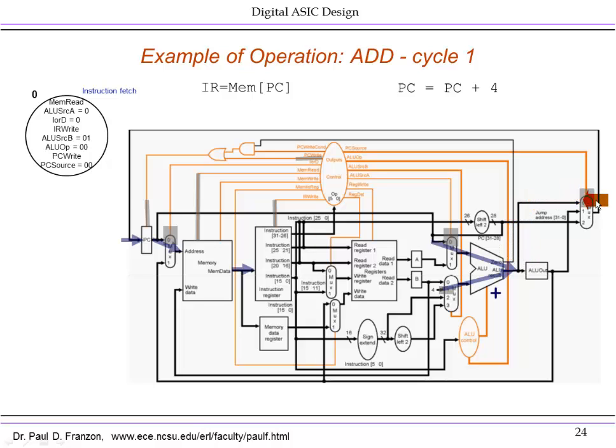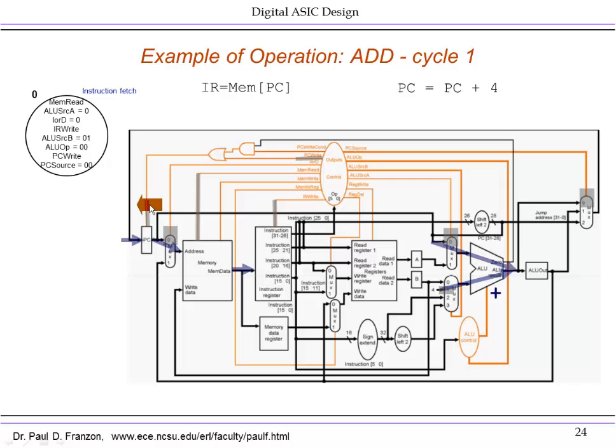We set this mux, PC source, to 0 to select the output of the ALU. We set PC write to 1, goes through this OR gate, does a write enable to the PC, so the PC is actually written to.